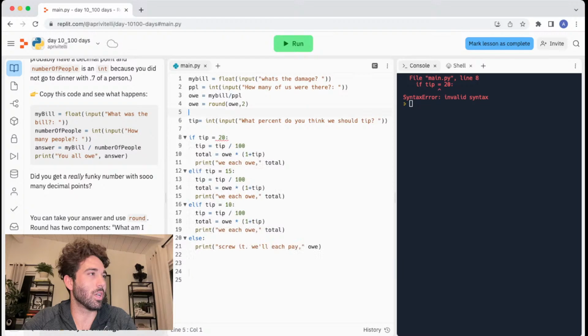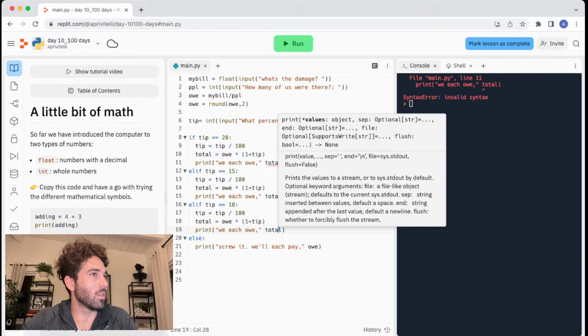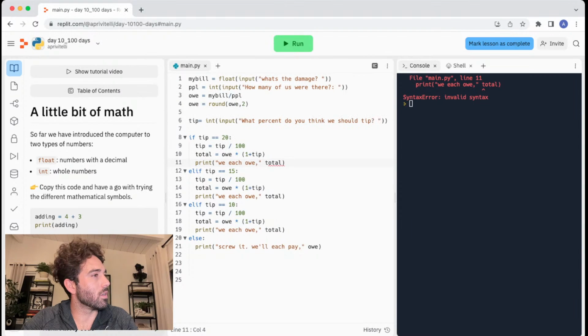Okay, line 8, if tip equals 20. Is this really two equal signs? Yeah. Line 11, print we each owe.